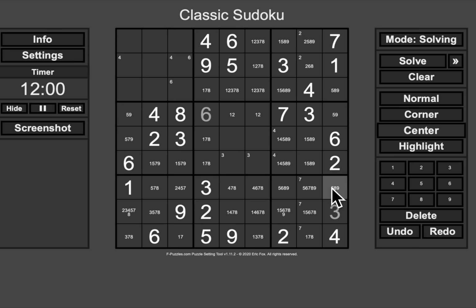So this is right. See, if this is 7, that's not 7. I still have too many candidates for each of these cells to be able to do much. I mean, let's see, this is not 9.